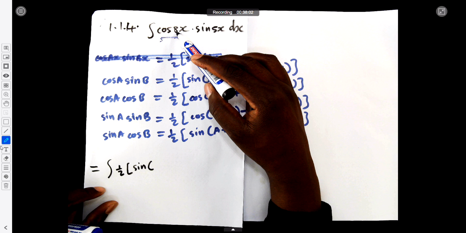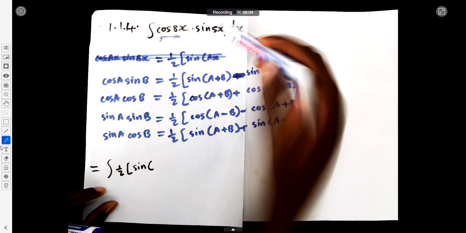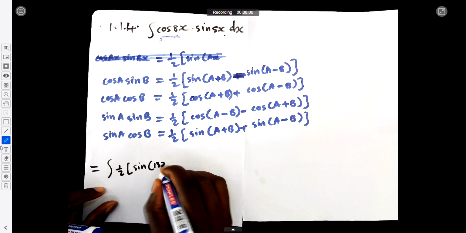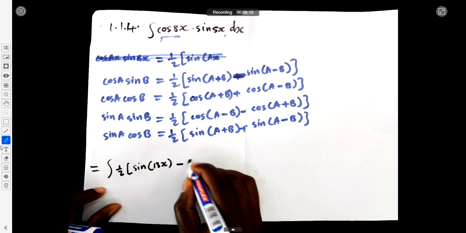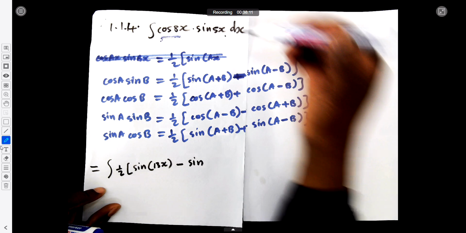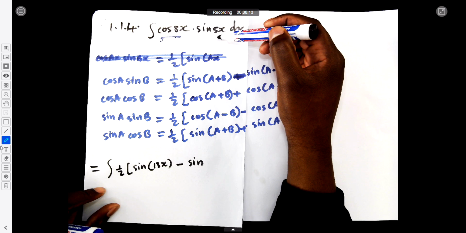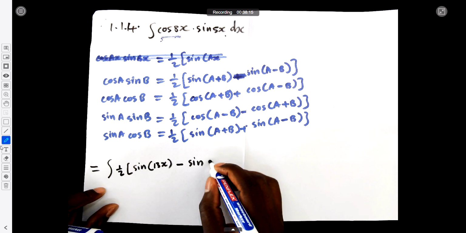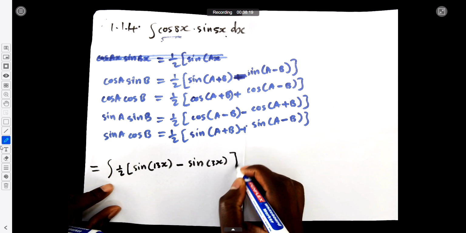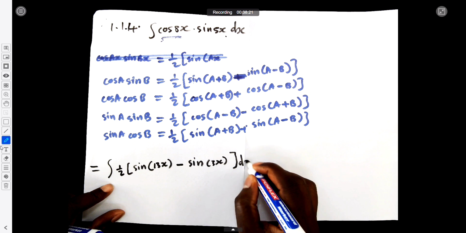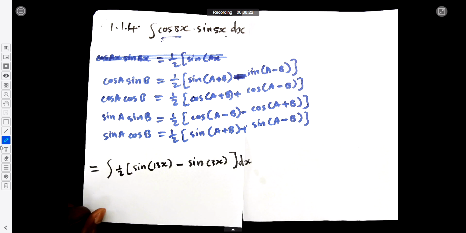So our A, 8x plus 5x, which is 13x. Therefore, we'll have minus sine 8 minus 5x, so 8 minus 5x will have 3x. Close shop. And multiply by what? dx. Don't forget that.